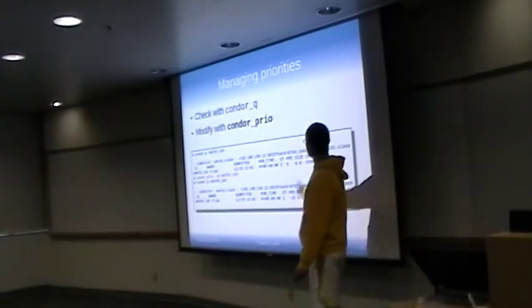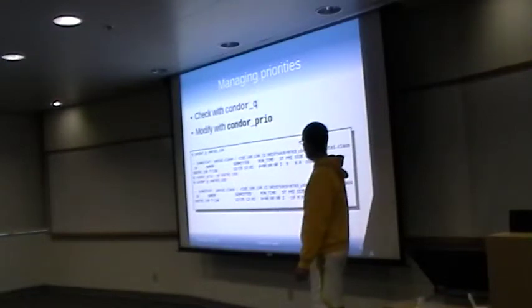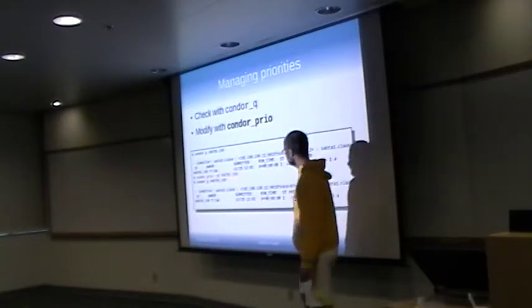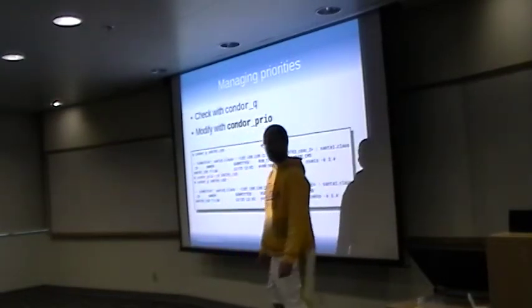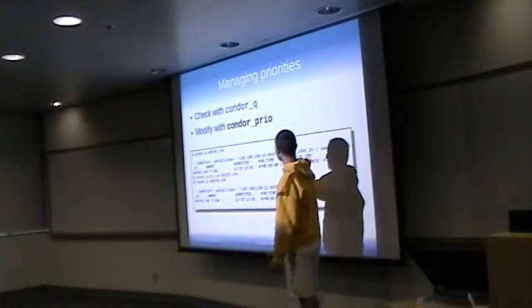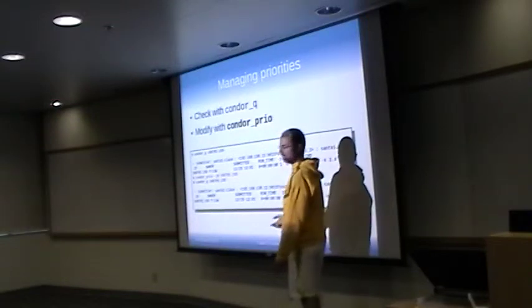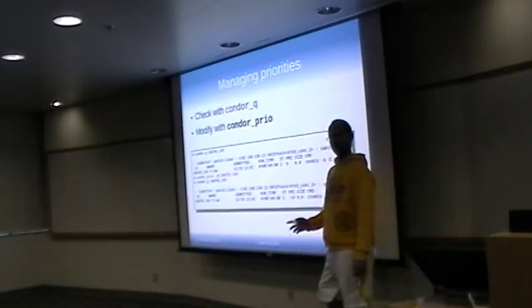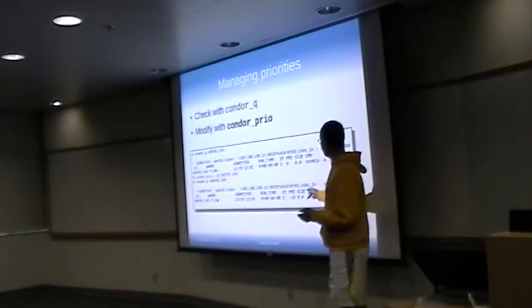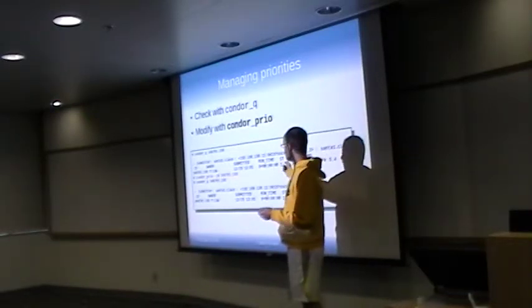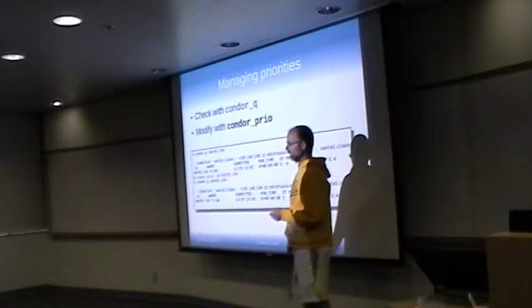So assume here I have Frida with a job much later than the 1.0 we've seen before, and he has a single job in the queue, so it doesn't matter too much. But let's say actually this is good, and I want to change this priority, and I set it to -10.